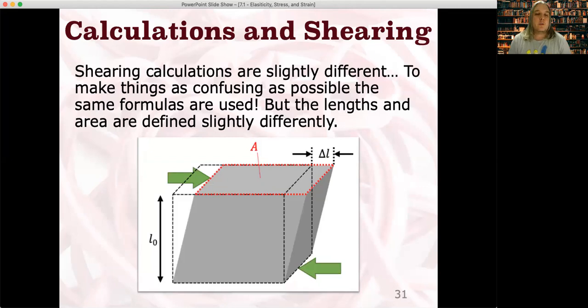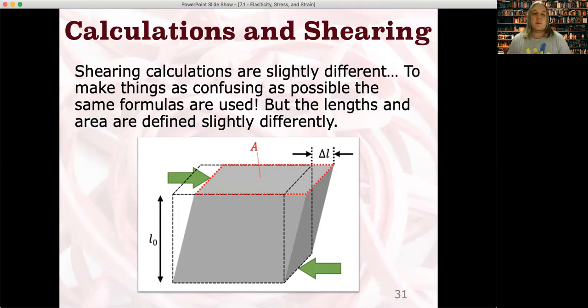If you've got two forces pointing in opposite directions, one on the top to the right in this diagram, one on the bottom to the left, the area that we're talking about, remember the stress is a force over an area, is going to be the area on the top, the one that's in line with the forces. So that's the area that we need to use.